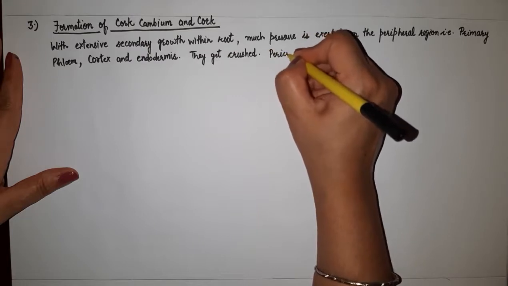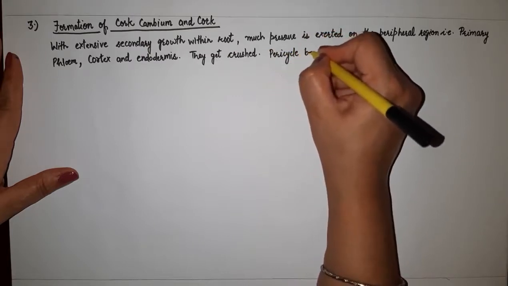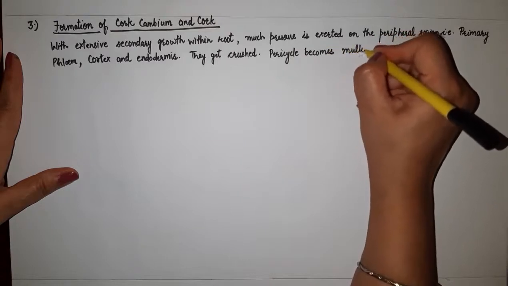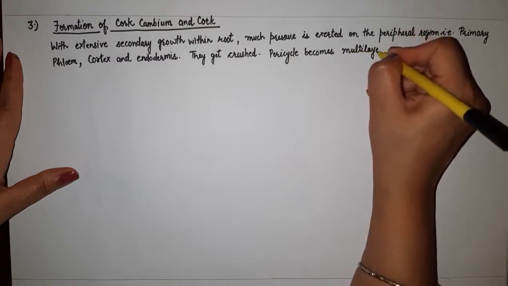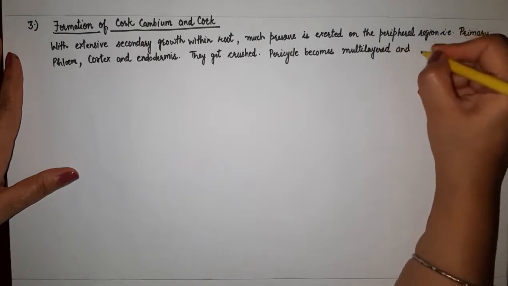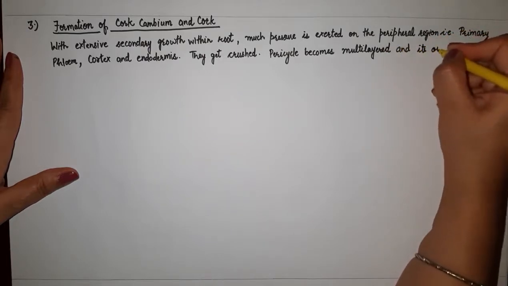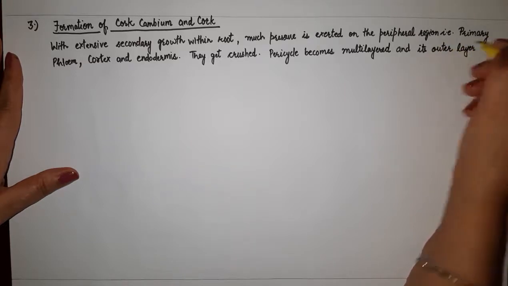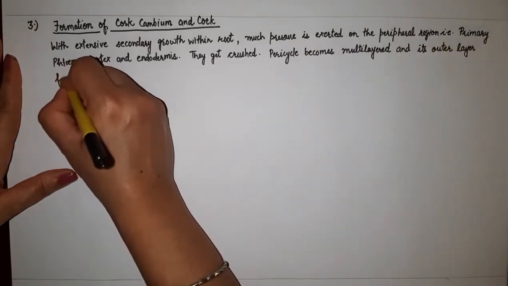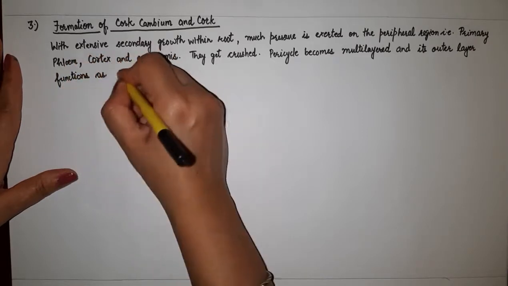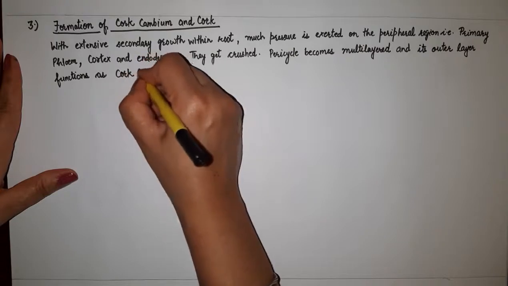Pericycle becomes multi-layered and its outer layer functions as cork cambium.